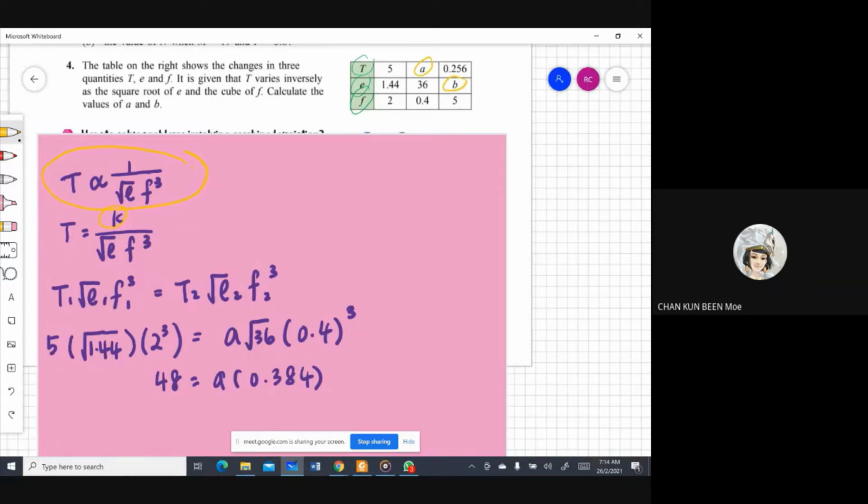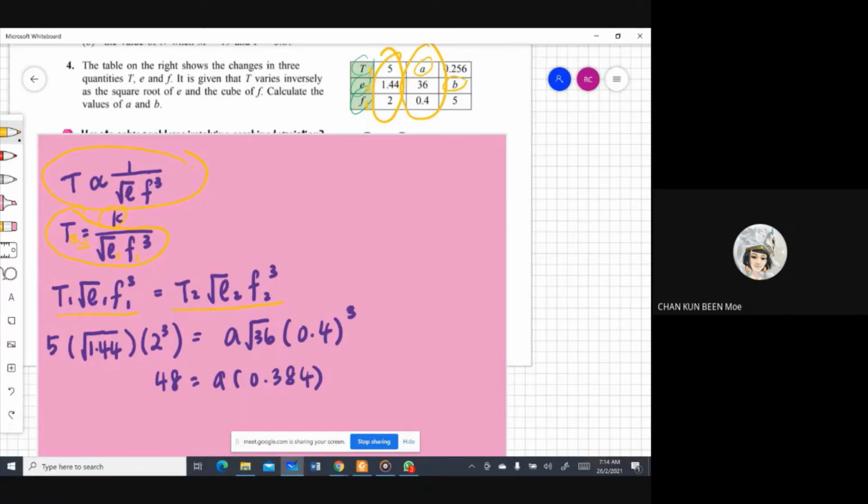Okay, so what we do is, over here, I use the proportional method, whereby the constant is always the same. Therefore, I multiply T with the square root of E times F cubed. Therefore, this part will be T1, E1, F1. You follow this? But then all of it is 1, 1, 1. Then in order for you to find the value of A on the right, just replace it with T2, square root of E2 and F2 cubed.